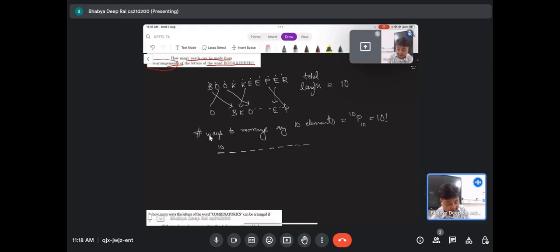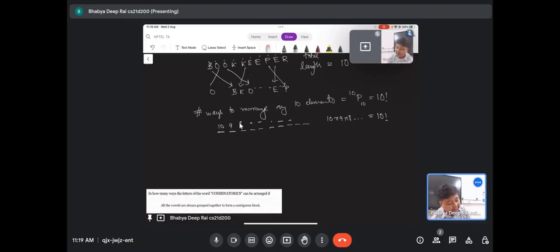Okay, there are 9 choices for the second place. There are 8 choices, and so on. So by the product rule, it becomes 10 times 9 times 8, and so on, which is nothing but 10 factorial. There is a second view to look at it. But now what I want to do is, I want to ask you a question. Are we done here? Is this the answer?